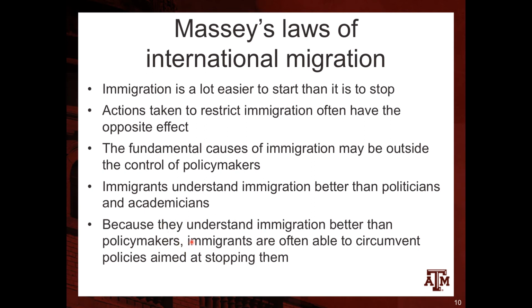That's really clear in the case of policies implemented in the US, in which although some reforms might be called comprehensive immigration reforms, they are actually not so comprehensive, because they usually have the opposite effect as intended, exactly because policymakers do not understand the whole complexity of the reasons why these immigration flows are happening from different countries to the US.